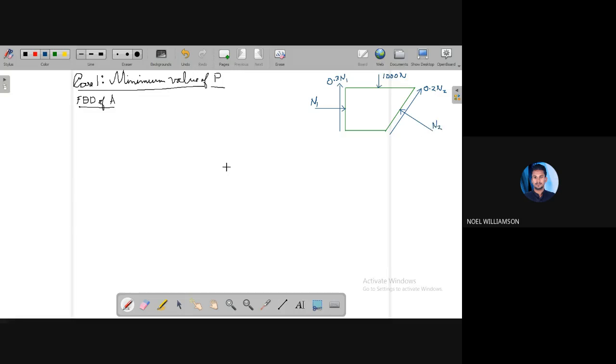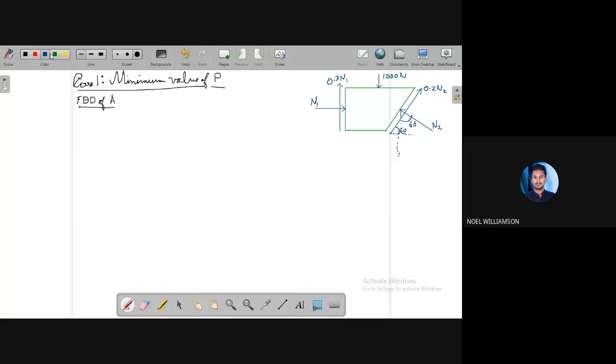Okay, and this angle is 60 degrees. Therefore this angle is also 60 degrees. This is the free body diagram for A.